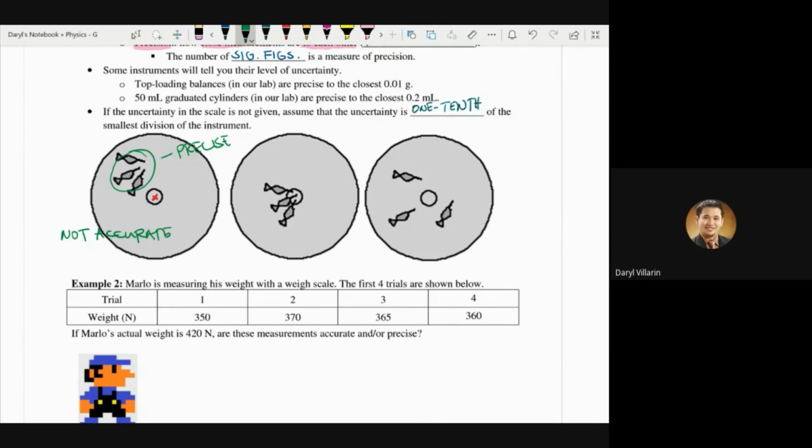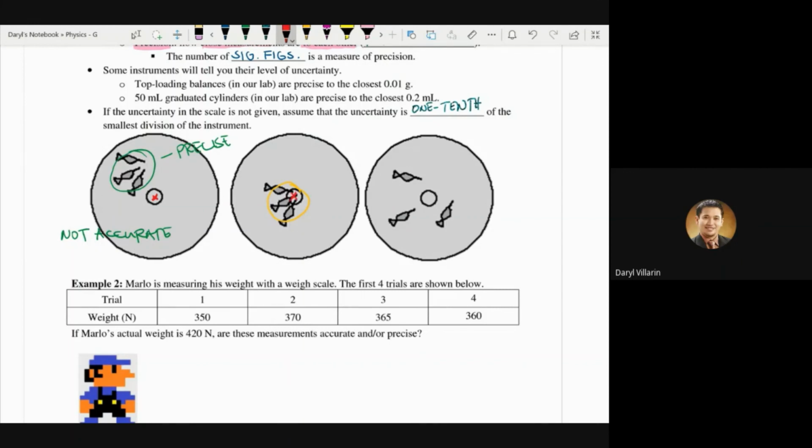So this whole thing here is precise, because even though you want to hit the center of this board, you get almost at this upper left portion of it. So this shows that it is precise but not accurate. The second one, if you can see here, all of your darts are inside that bullseye mark.